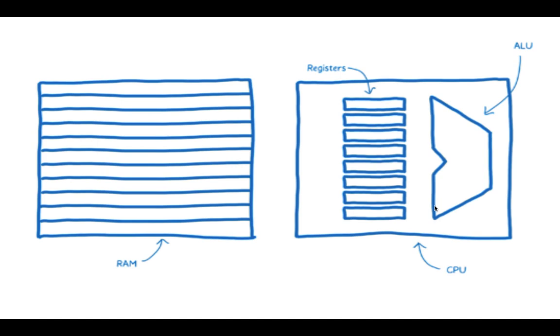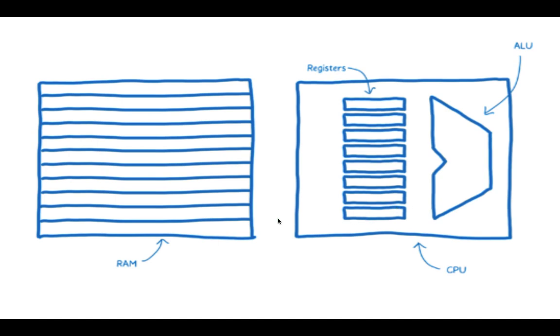Near the ALU, there is a unit of memory, a short-term memory, small in size but very fast to access for the ALU. These are called registers. These are the places in which the values, say for adding two numbers 2 plus 3, will be stored.